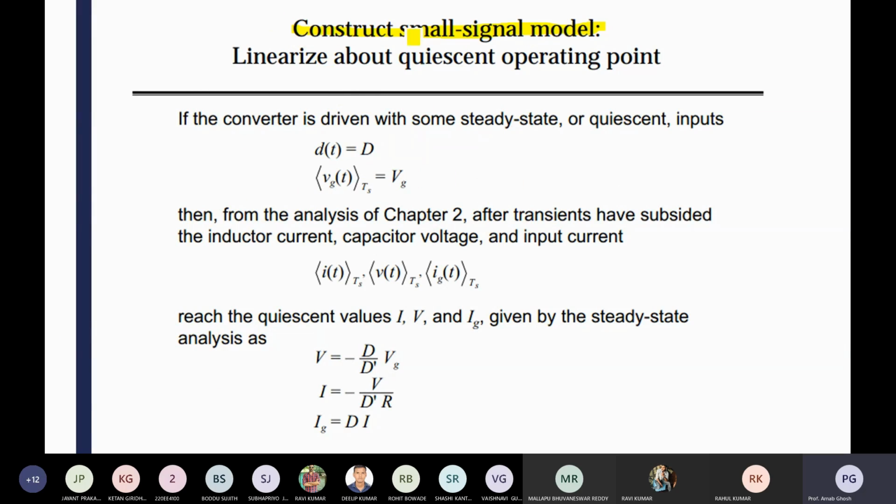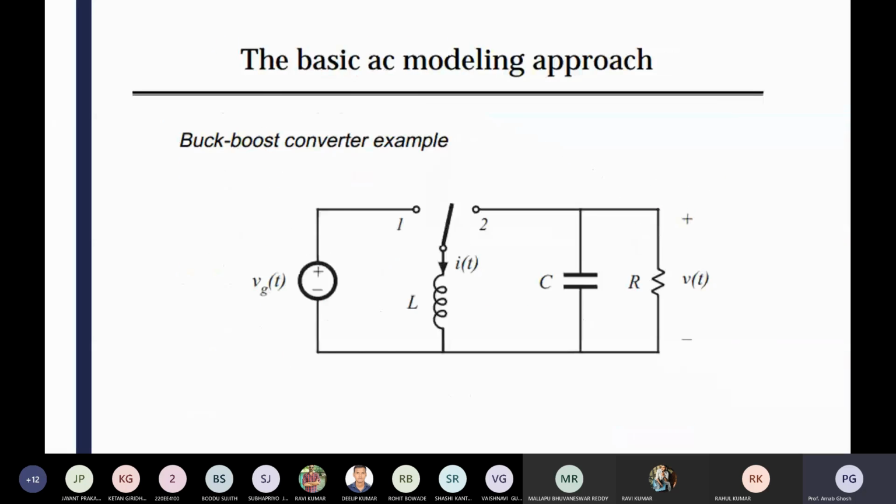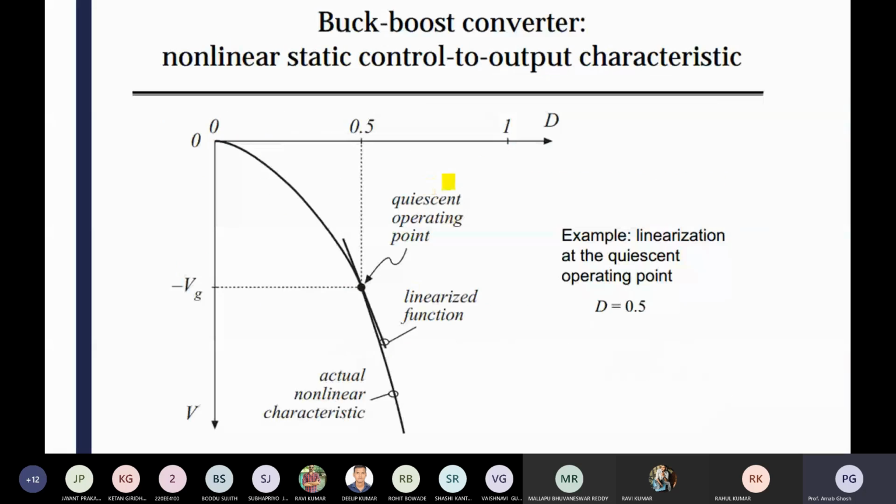So you have to linearize about the quiescent operating point. I told you what the quiescent operating point is in my previous slide. You can see over there, for the very basic case, that is your quiescent operating point.